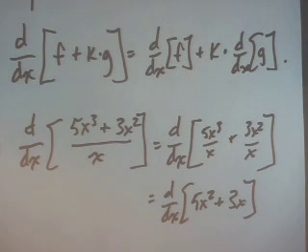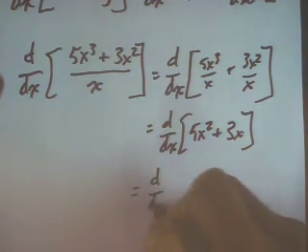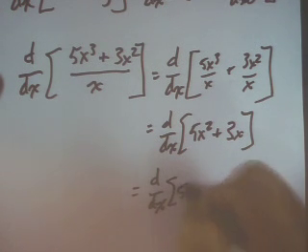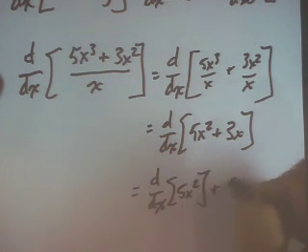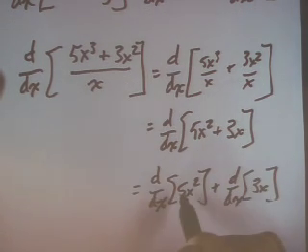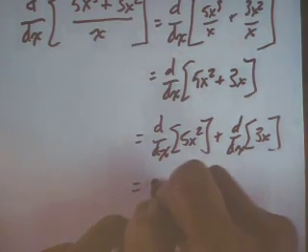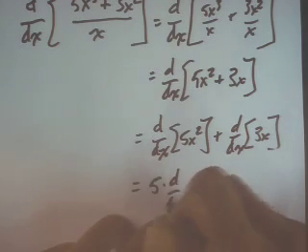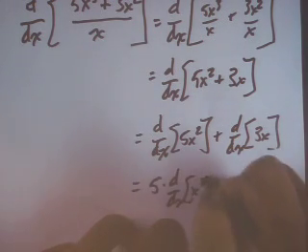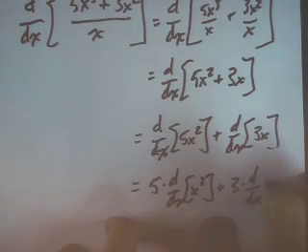Now, since differentiation is linear, I can bust this up into two operations, and I can say that this is equal to the derivative of 5x squared plus the differentiation of 3x. And I can also take these constants and kick them out and make them factors. So there'll be 5 times dx of x squared plus 3 times the differentiation of just x.